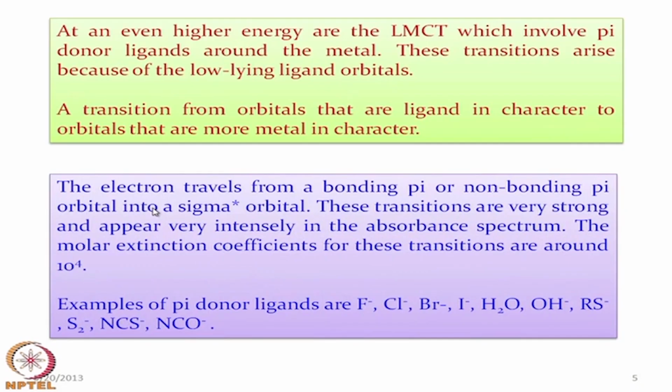So, the electron basically travels from a bonding pi or non-bonding pi orbital into a sigma star orbital. That means pi to pi star orbital to a sigma star orbital which is of higher energy.